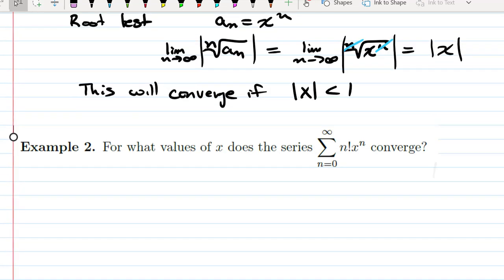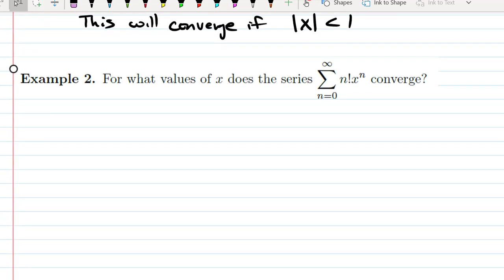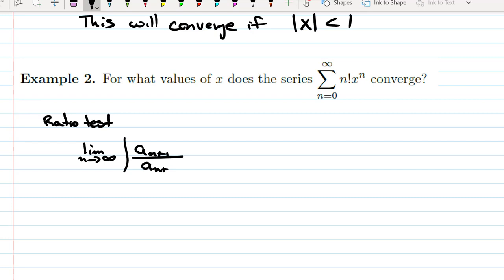Oftentimes when we have factorials, the ratio test is a good idea. So let's try the ratio test. The ratio test is the limit as n goes to infinity of the absolute value of a sub n plus 1 divided by a sub n.